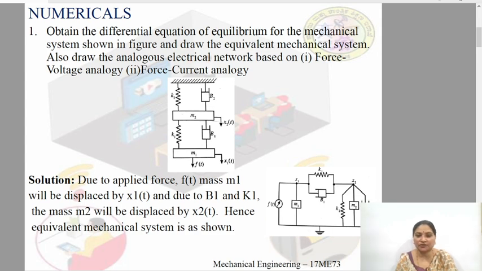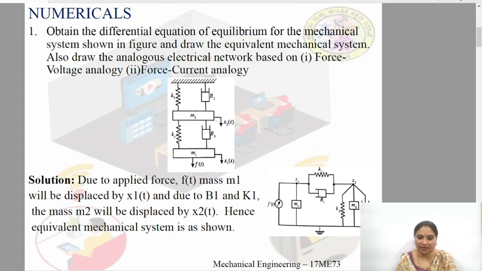So we know that the force applied is F of T for the mass M1. So we will see that the mass M1 will be displaced by x1 of T and it is due to B1 and K1.